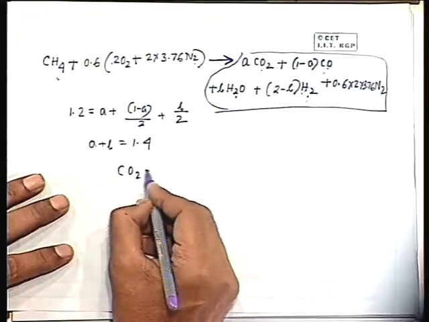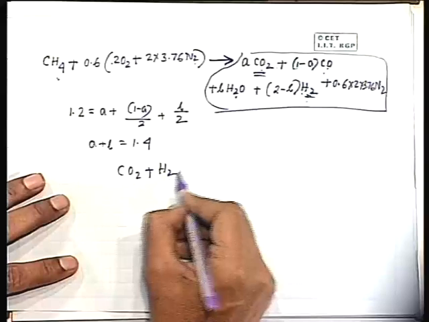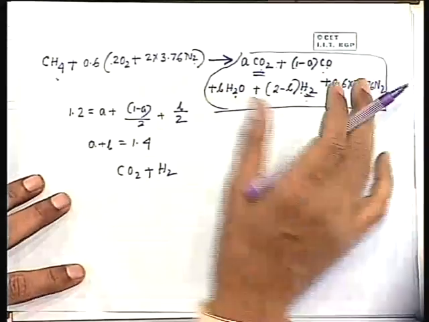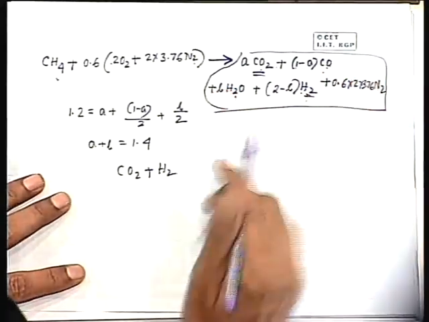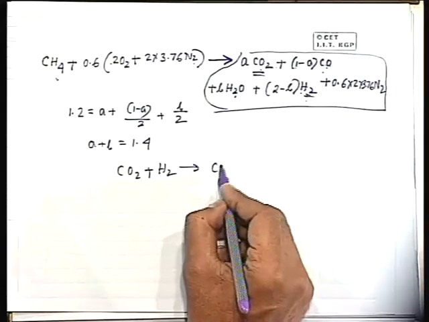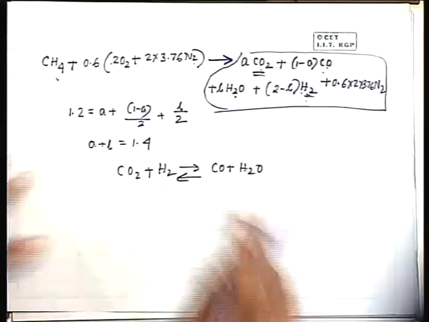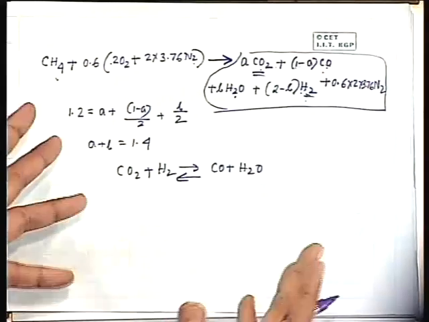That means this CO2 and H2, under these circumstances, these products CO2 plus H2 can react to give CO plus H2O. And again CO plus H2O, this is chemistry. We don't have to put our head much in it.